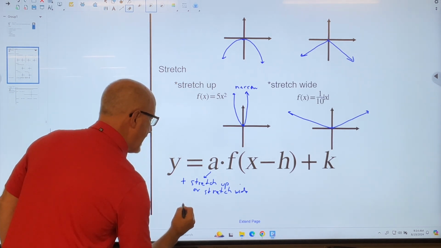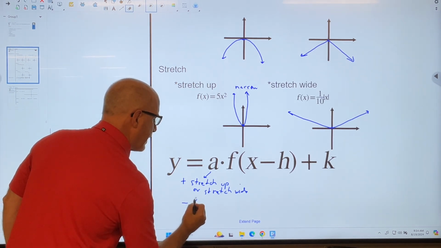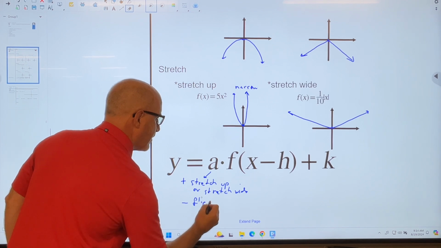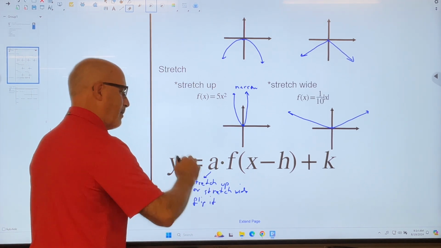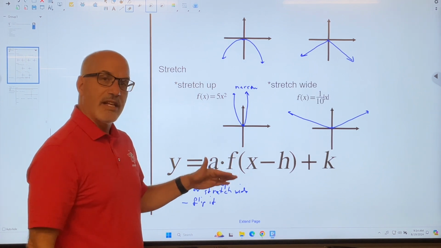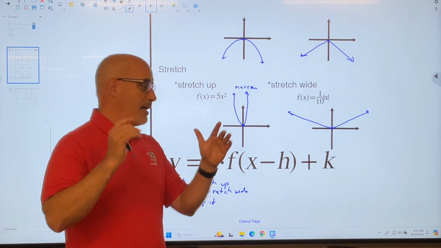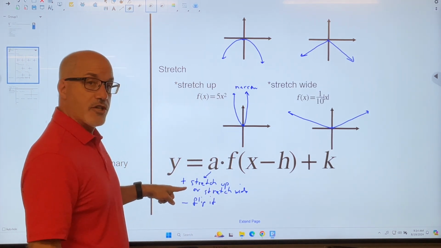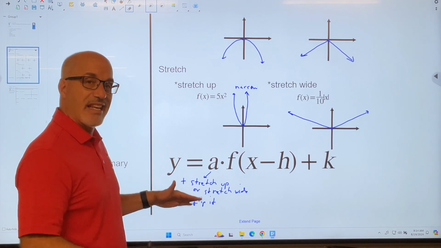Whereas if we have a negative, it's going to flip it over. So the numbers in front impact how it's going up.